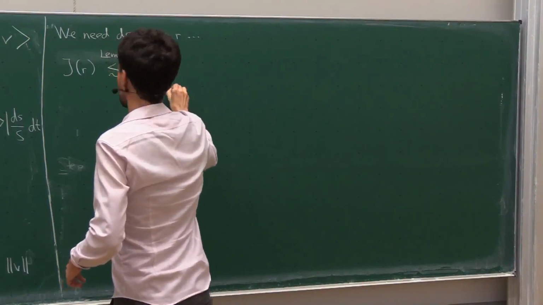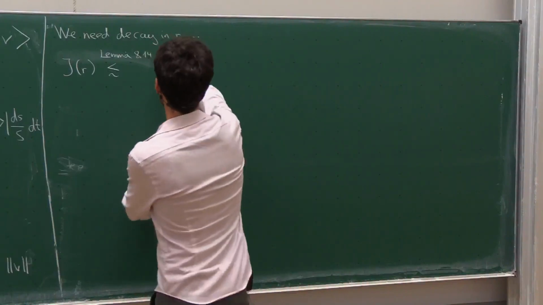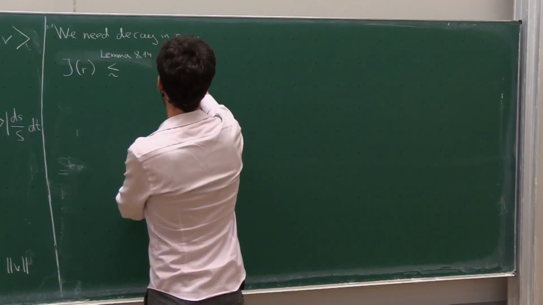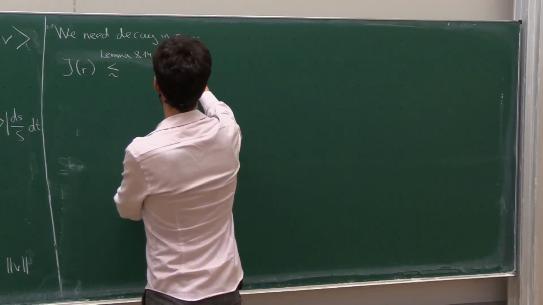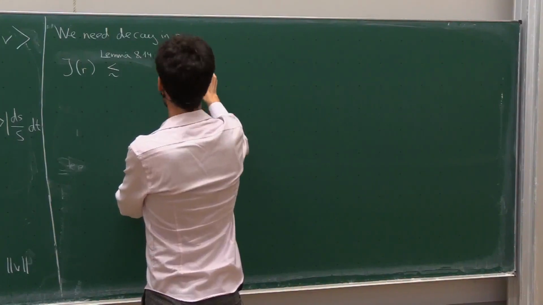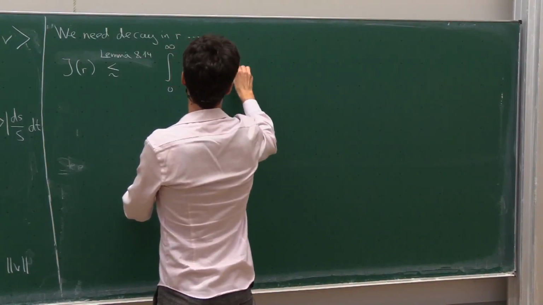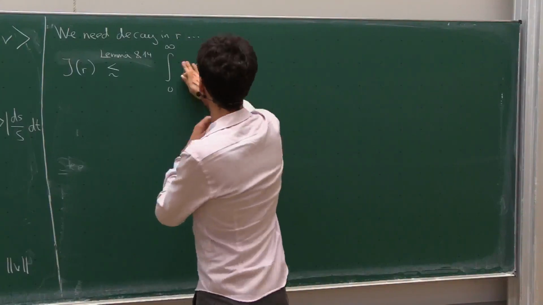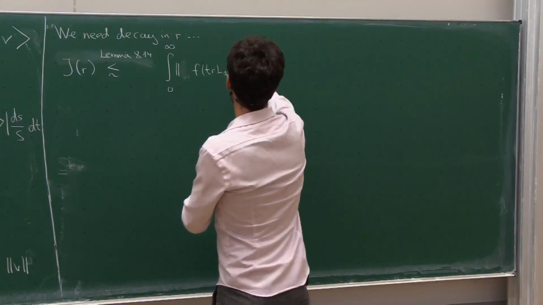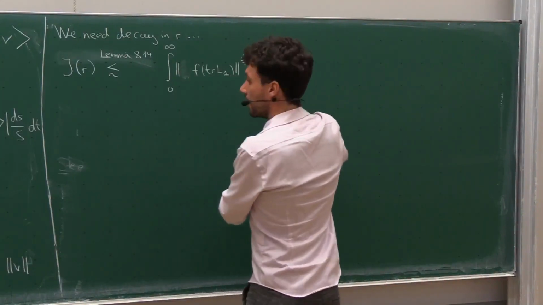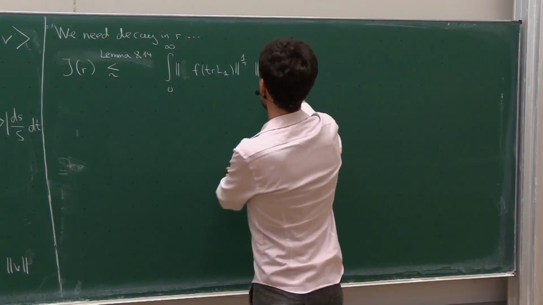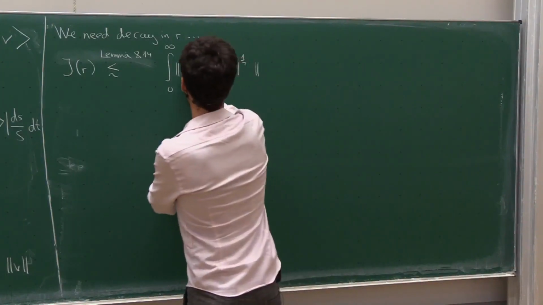Lemma 814 says that this integral J is bounded by the integral from 0 to infinity, and then I get four things. I get f of TRL1 to the 1/2, and I get it with an L1, sorry.